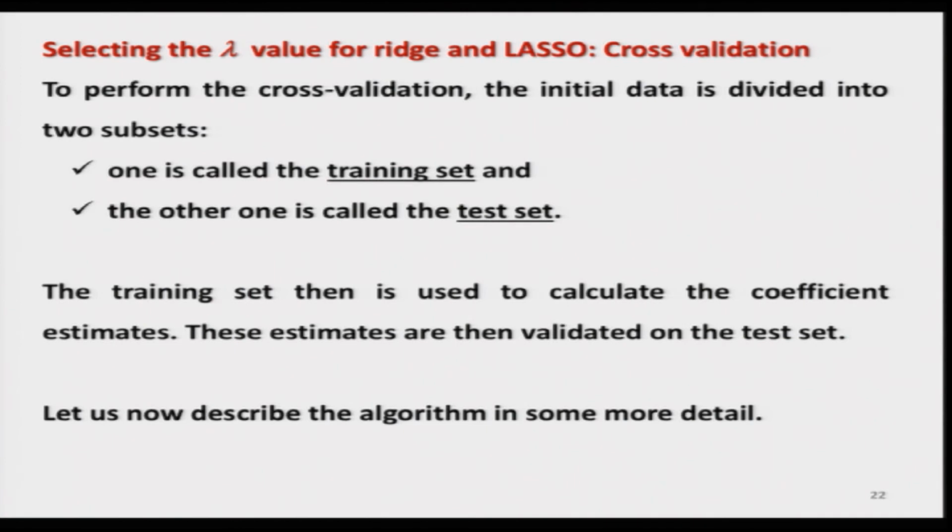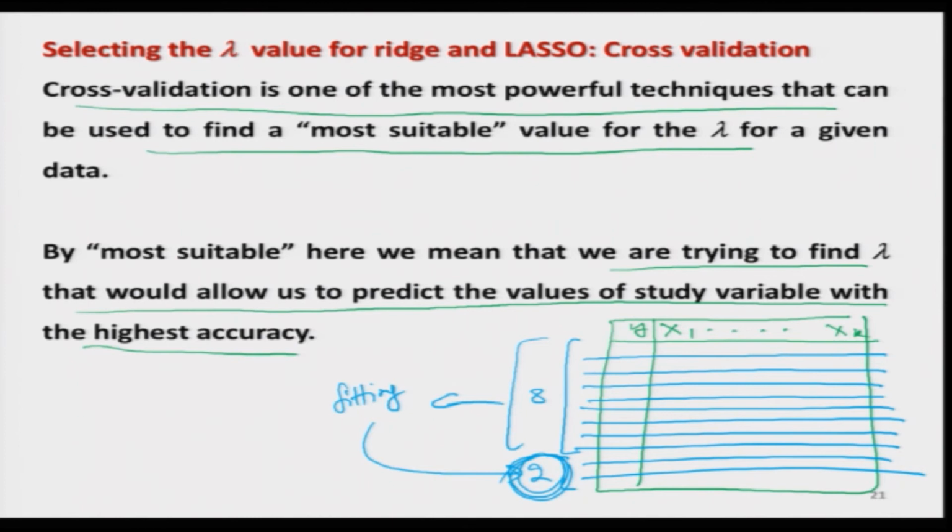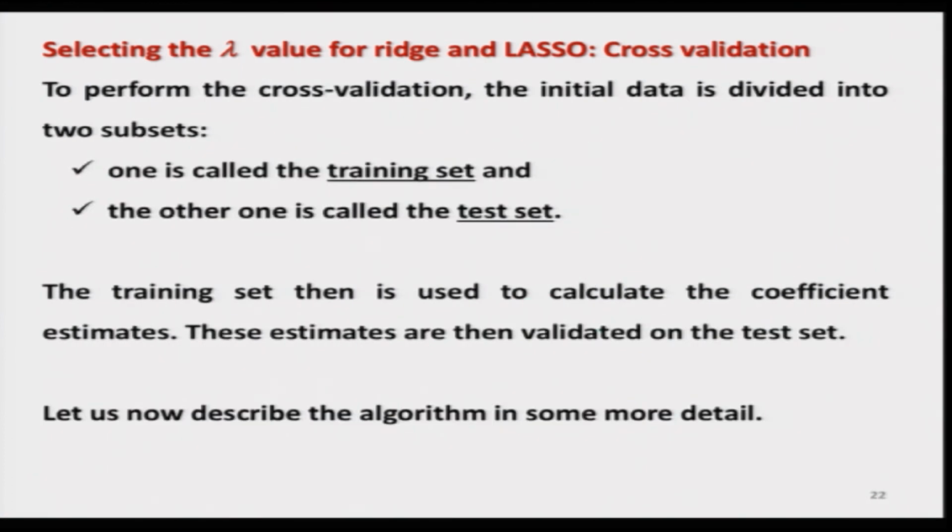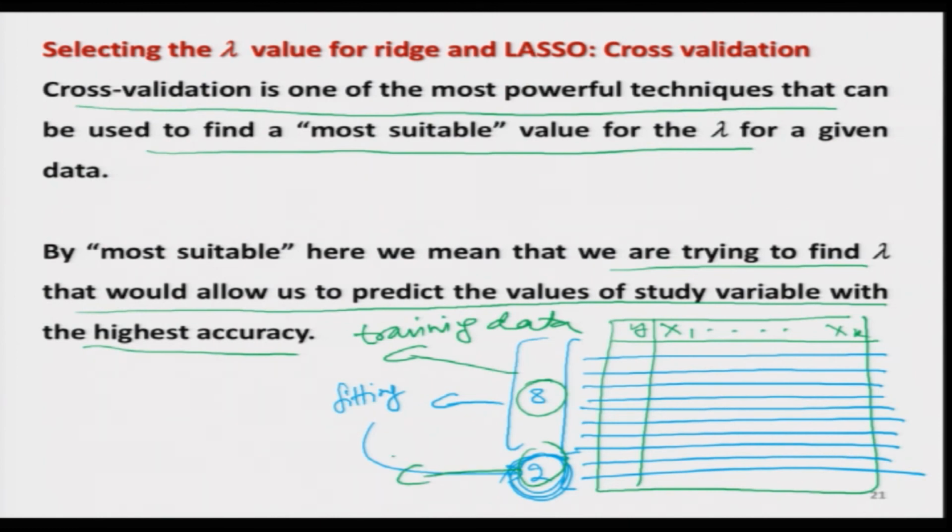So in order to conduct the cross validation, as I said, we have divided the data into 2 parts. For example, here you can see 8 is to 2, and this part is called training data, right, and this part is called test data, that you can see.